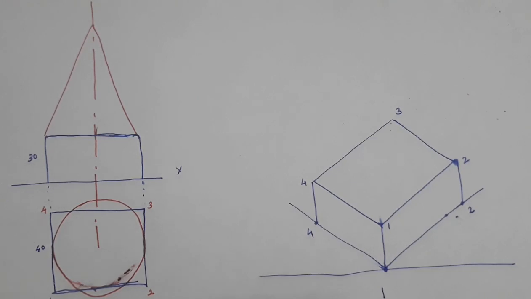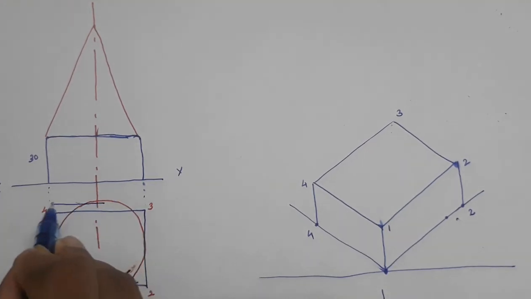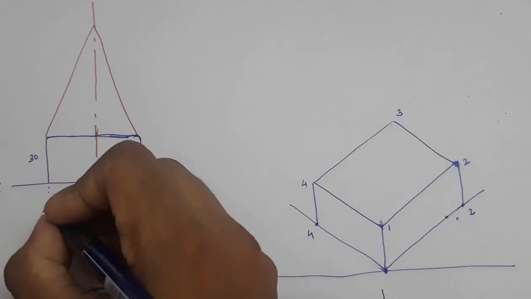After that, our next step is to draw the isometric view of the cone. The cone is resting centrally over the rectangular block. So now we have to place the circle that you see inside a square.